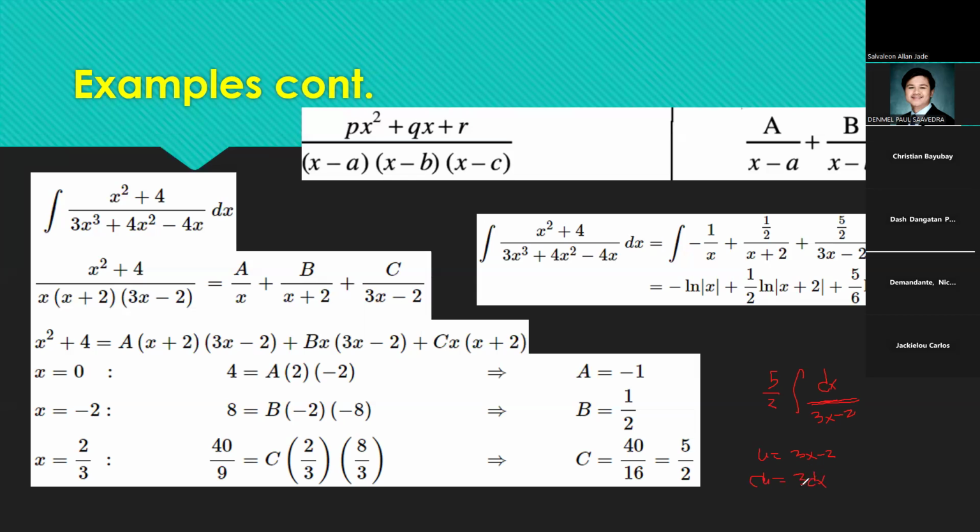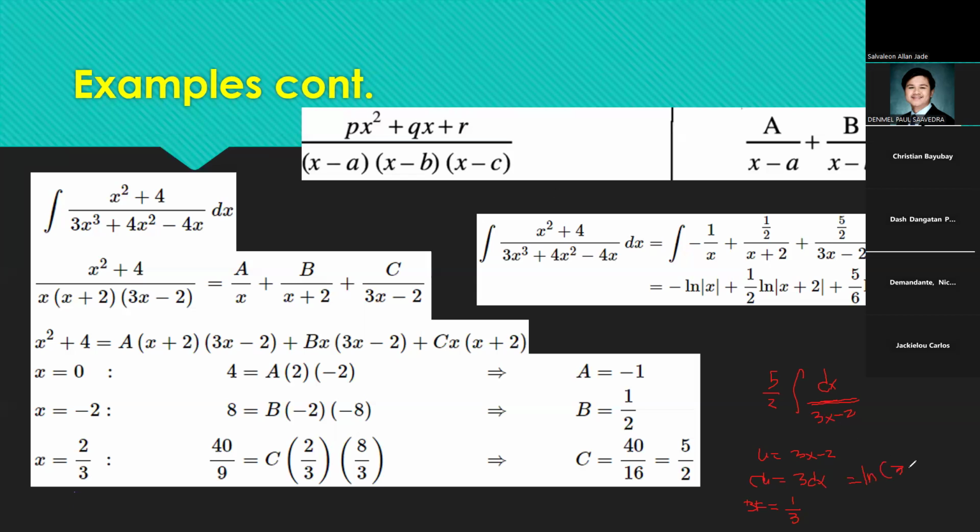And then notice that we don't have 3 in our numerator. That is why we have to use a balancing factor, which is 1/3. And as you can see, it's now a working u du. Okay, kasi dx na lang yung natitira. So as a result, okay, we can now use the logarithmic formula.